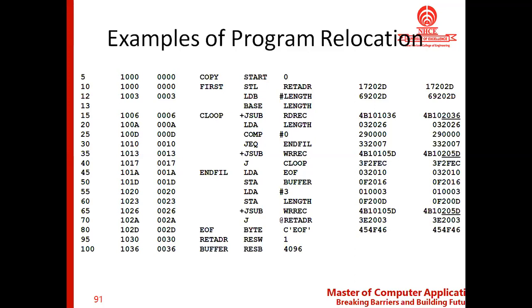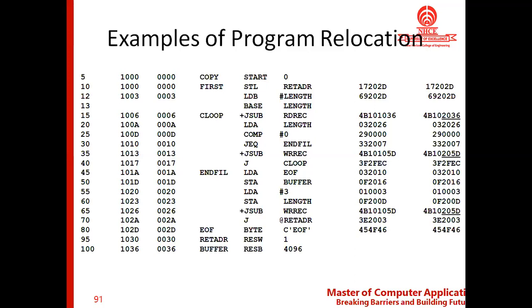When you compare these two object codes, very few places you can find the difference. Otherwise, almost all the object code for each and every instruction is the same in both situations.